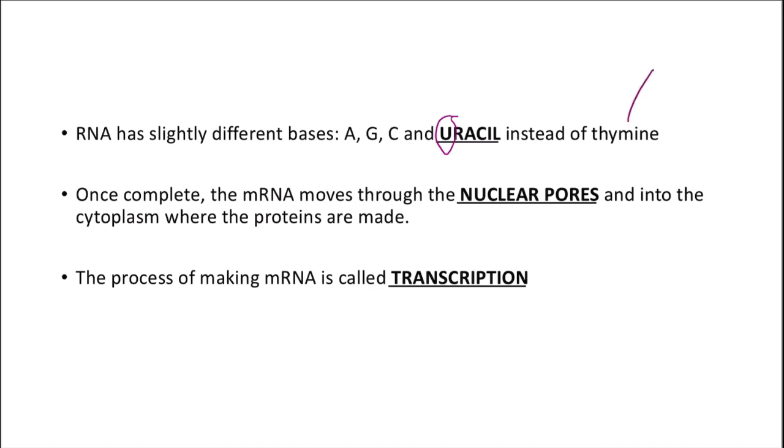So this is in DNA. Once complete, the mRNA moves through the nuclear pores and into the cytoplasm where proteins are made. The process of making mRNA, again, is called transcription. So our transcription step is simply to make mRNA, which can leave the nucleus and enter the cytoplasm, which is where proteins are made.